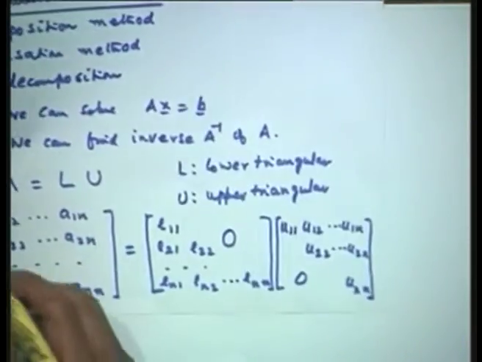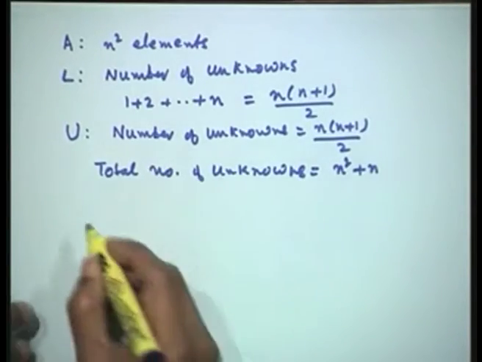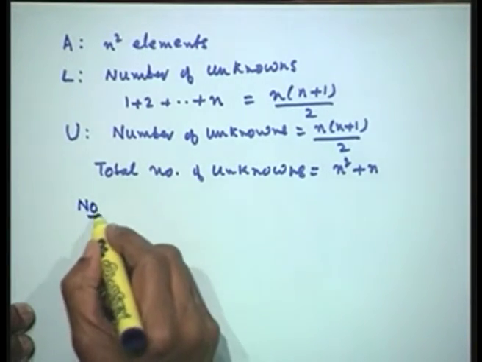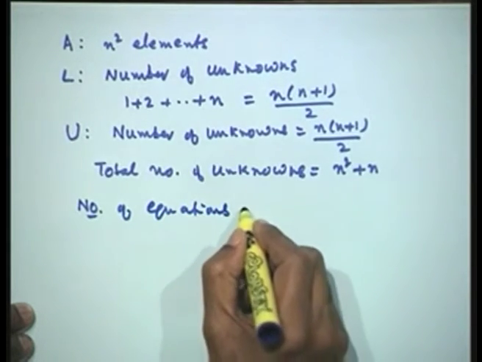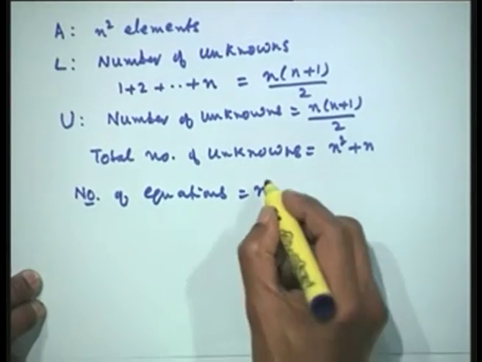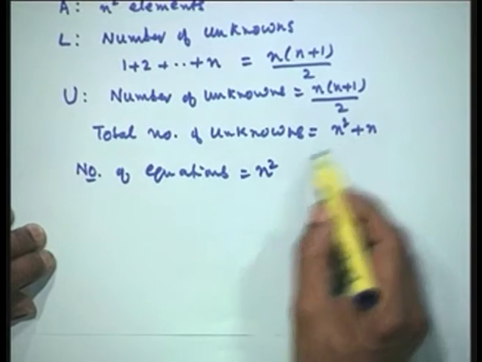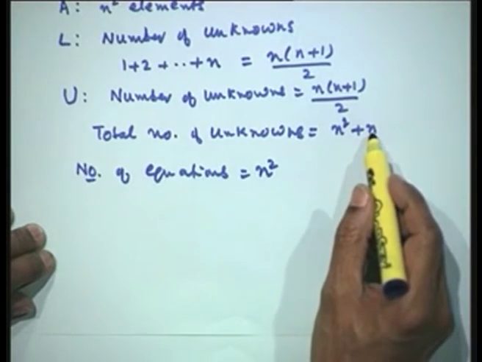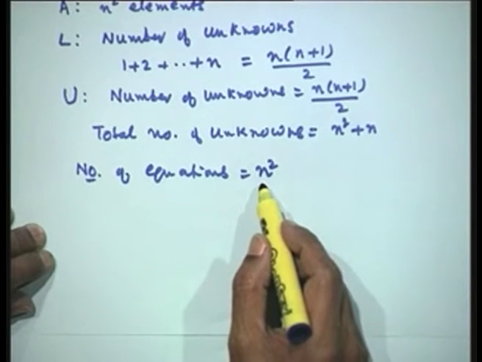When you multiply the right hand side and compare, the number of equations will be equal to the number of elements here, that is n square. What does that imply? This implies that we have n arbitrary parameters, because there are n square plus n unknowns and n square equations.